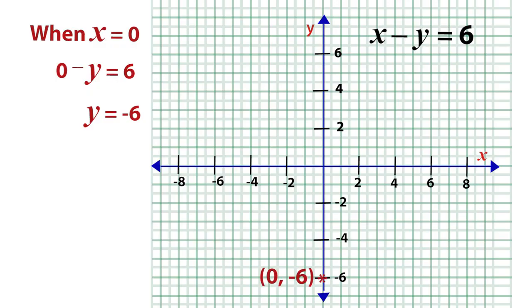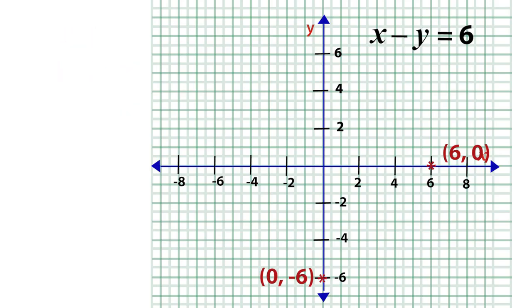Also, for the same equation, when y is equal to 0, we have x minus 0 is equal to 6. And that will give us x equal to 6. And so on that line, we have (6, 0). The straight line through the points (0, -6) and (6, 0) is shown on your screen.